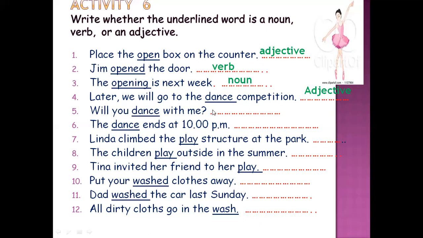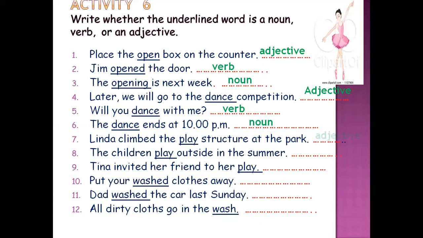What is the word class here? Verb. Number 6. The dance ends at 10 p.m. The dance here is a noun. Number 7. Linda climbed the play structure at the park.